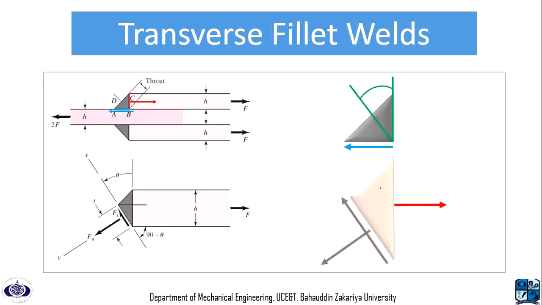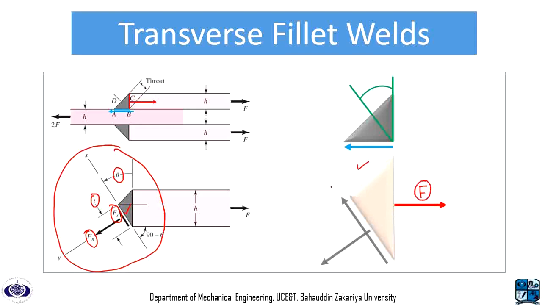So we are going to isolate this section, as can be seen in this example, where we have divided this fillet weld at an angle theta, and we can see that Fs and Fn are being applied on this exposed section which has a thickness T. This isolated section is being applied with a load F, and it has Fs and Fn.